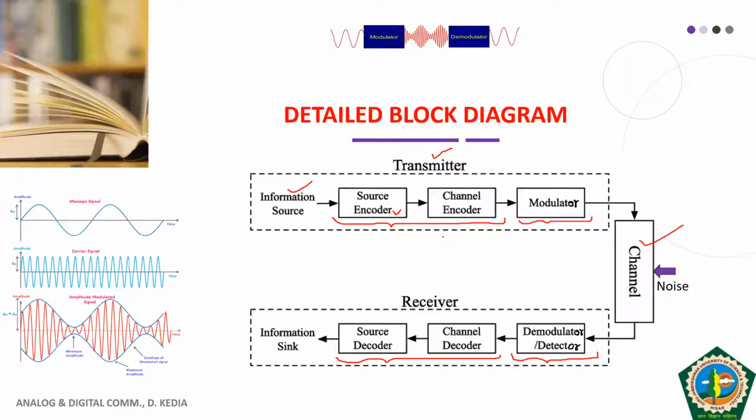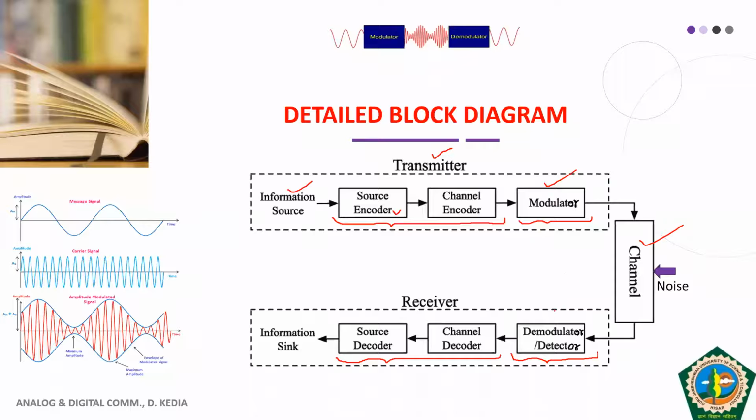This thing we will discuss in detail later on, what is the meaning of source encoder and what is the meaning of channel encoder. Obviously, if we need to encode at the transmitter side, we require a decoder at the receiver side.